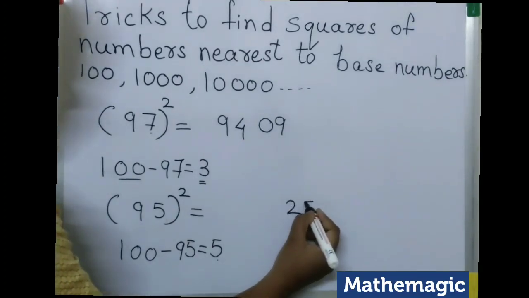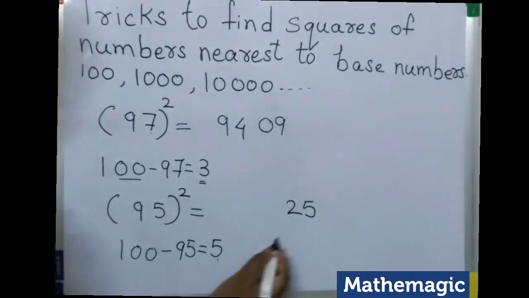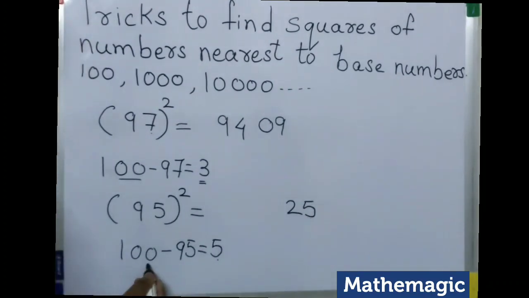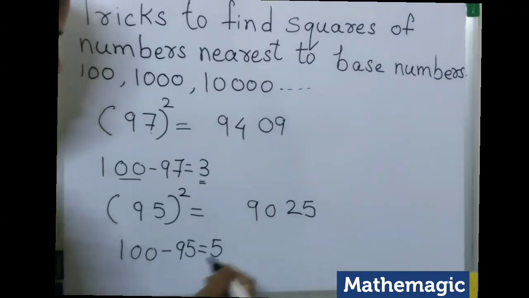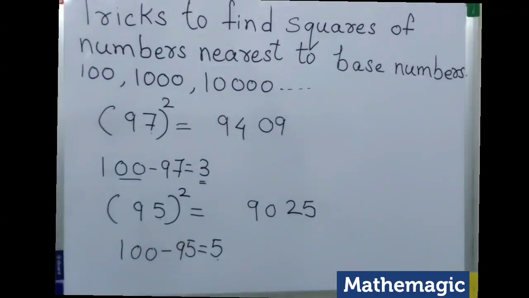So I will write 25 over here. 25 is a 2-digit number and it has 2 zeros. So there is no need to make any changes. Directly we will subtract the number 5 from 95. So 95 minus 5 gives us 90. So this is our square for 95. That is 9025.